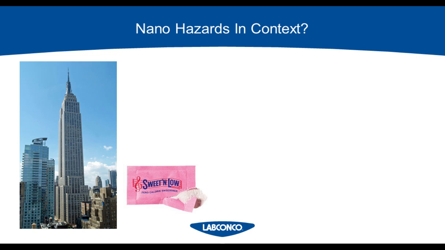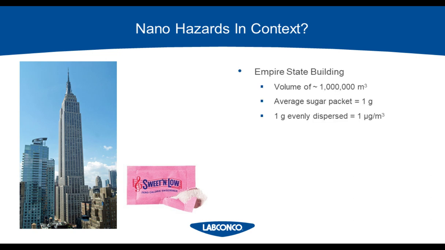Here we're looking at the Empire State Building, and then you've got a 1 gram Sweet'N Low sweetener packet. If we quantify these, the Empire State Building is roughly about 1 million cubic meters. In that package, you've got only about 1 gram of that sweetener or sugar.